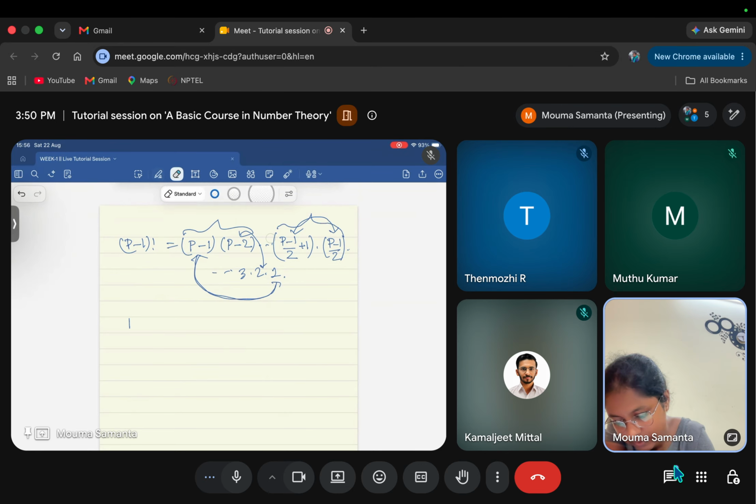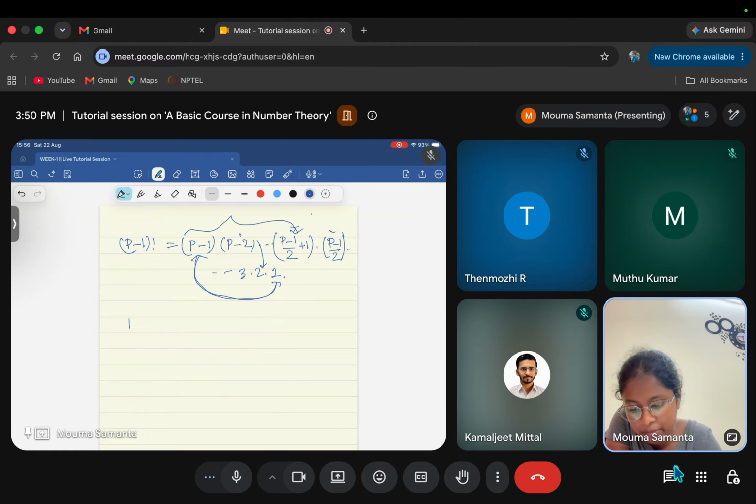So each term from this set, up to (p minus 1)/2 plus 1, is congruent to minus 1 times some term in these pairs, from (p minus 1)/2 down to 3, 2 and 1.